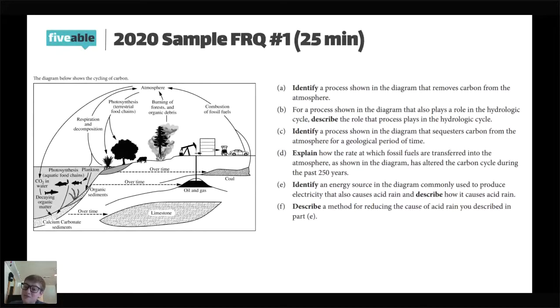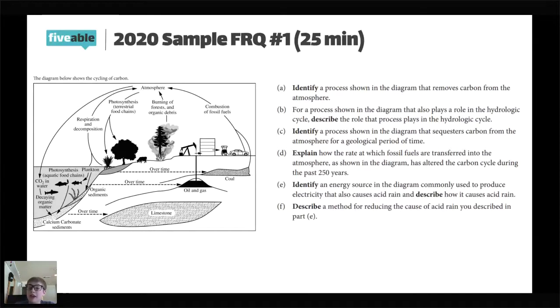That's how this works. All right, so D says, explain how the rate at which fossil fuels are transferred into the atmosphere shown in the diagram has altered the carbon cycle during the past 250 years. So, does anybody want to help me explain that?